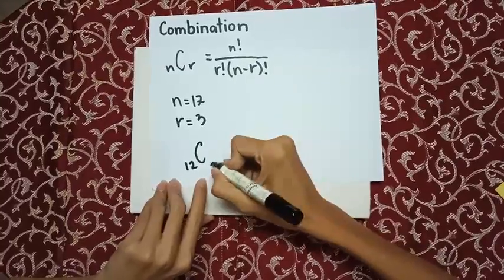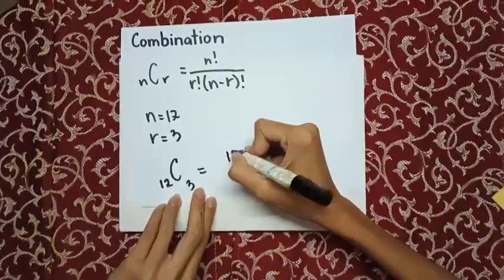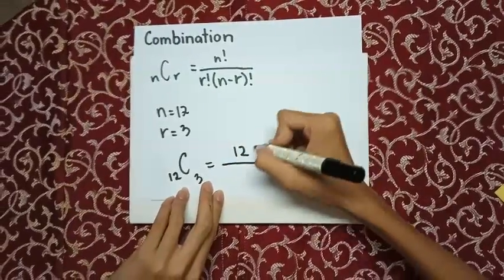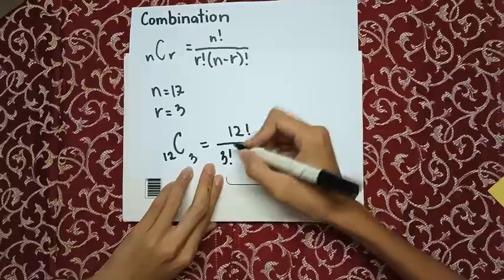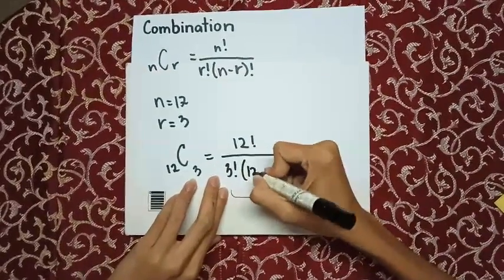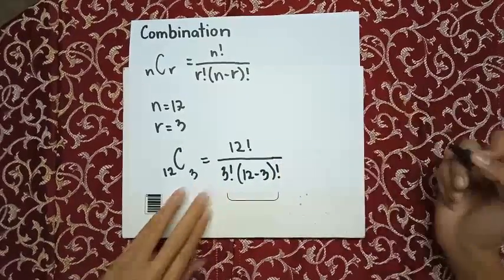So 12 choose 3 is equal to 12 factorial over 3 factorial times the quantity of 12 minus 3 factorial.